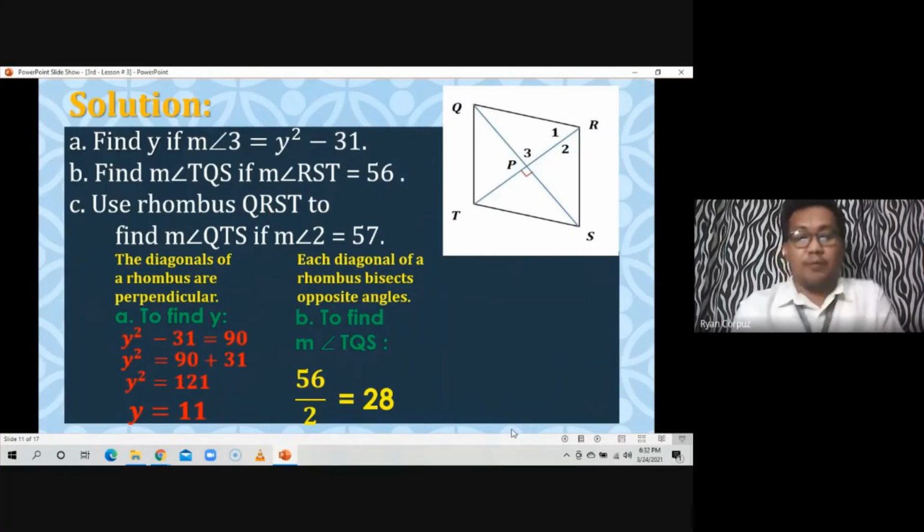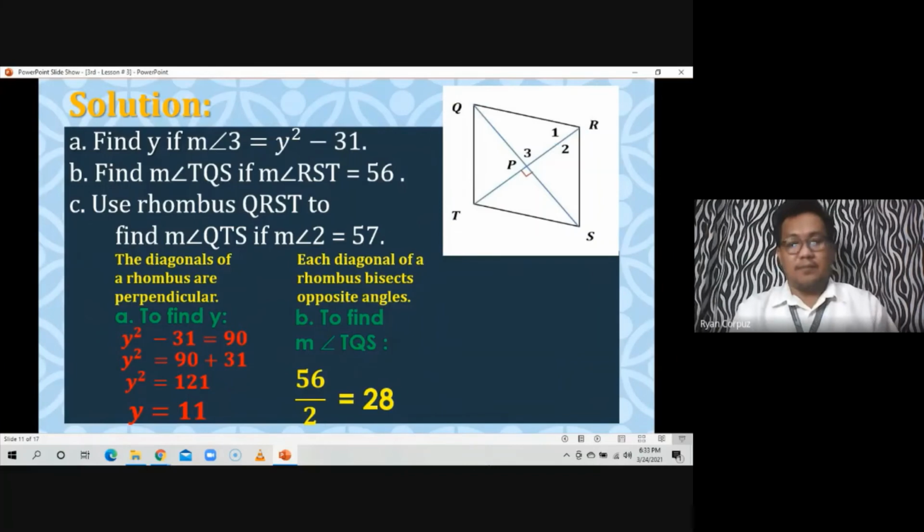Because according to the property, each diagonal of a rhombus bisects opposite angles. So if the whole angle is 56 degrees, angle Q is also 56 degrees. What we are looking for is angle TQS, just half of 56 degrees. So that would be 28 degrees. Did you get letter B?